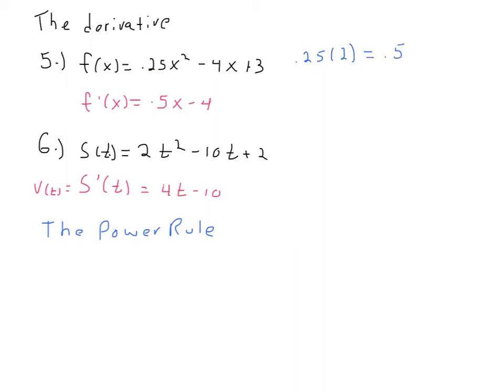My new exponent here, 0.5x to the first, well, we got that by starting off with an exponent of 2 and subtracting 1. I'm going to write COEF for coefficient, and 2 minus 1 is equal to 1.